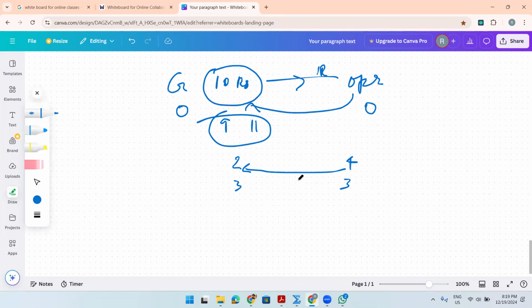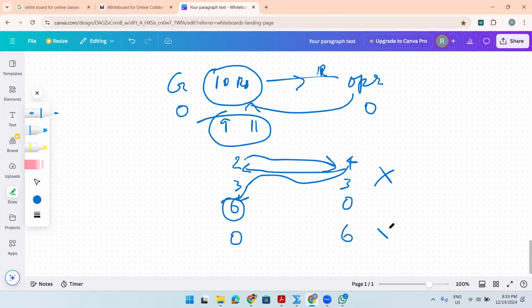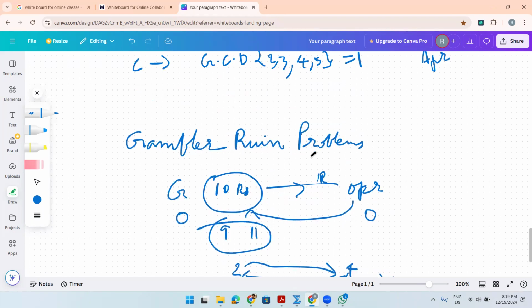If he gains all 4 rupees of the opponent, added to his 2 rupees, he has 6 rupees and the opponent will have 0 rupees. So they stop playing. Suppose all 2 rupees went to the opponent. That is, the gambler has 0 rupees and the opponent has 6 rupees. Then they will stop playing. This is actually the gambler's ruin problem.